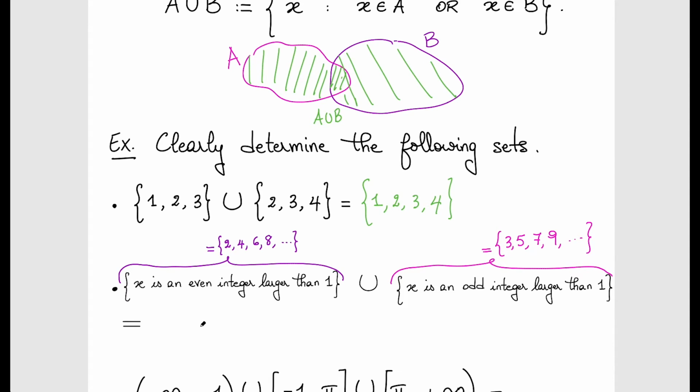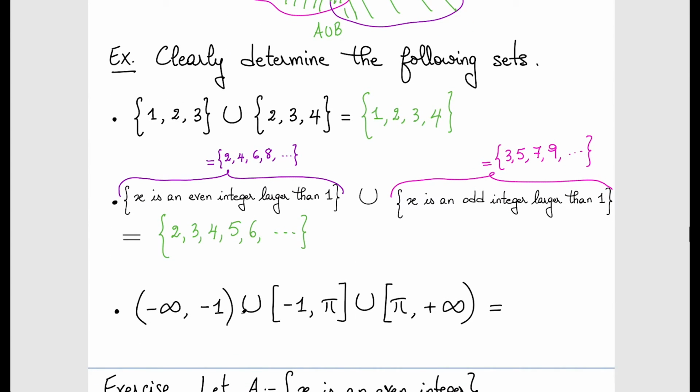What do you get? You get 2, 3, 4, 5, 6, and so on, right? You get a huge piece of the natural numbers. So you get all the natural numbers except the very first one. Okay? All right.